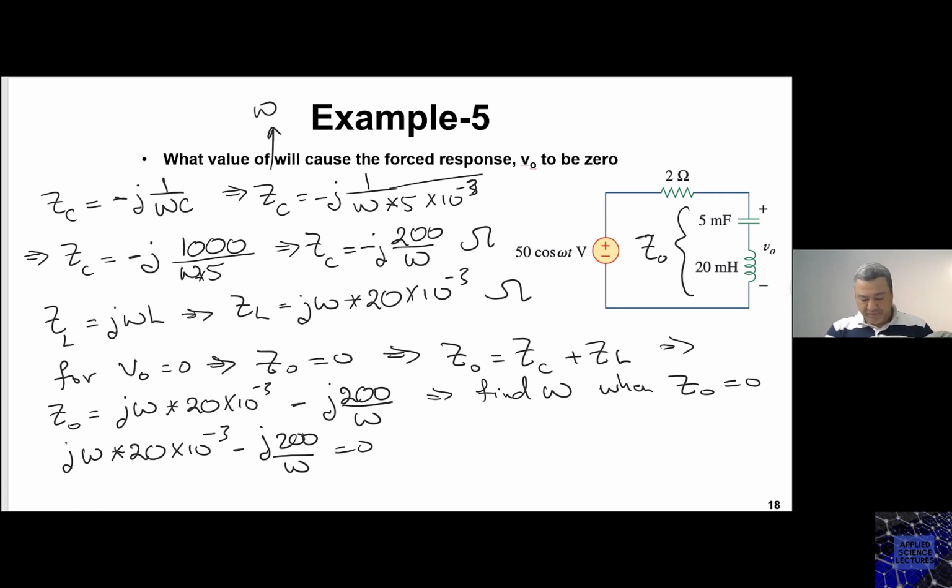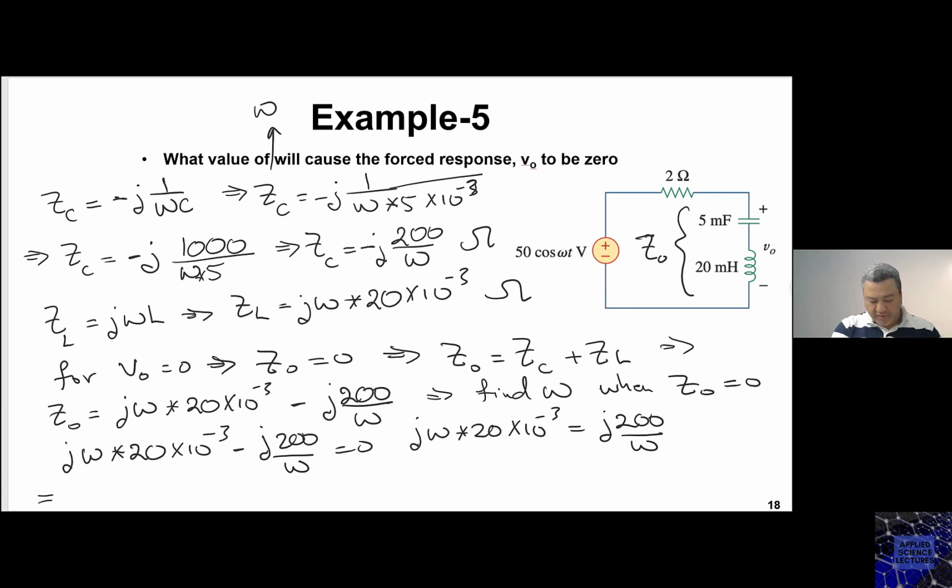So J omega 20 to the power minus 3 equals J 200 over omega. Now multiply by omega on both sides.